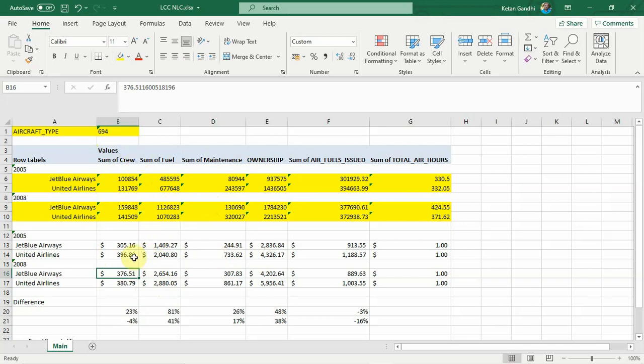That's the crew cost per hour. Similarly, fuel cost was $26,000 approximately. Maintenance cost was 3,000 approximately. The ownership cost was 42,000 approximately per hour, and 8,000 was the air fuel issued per hour.